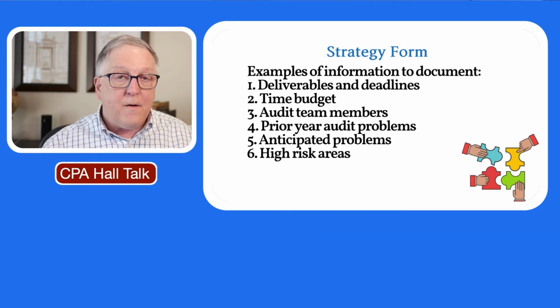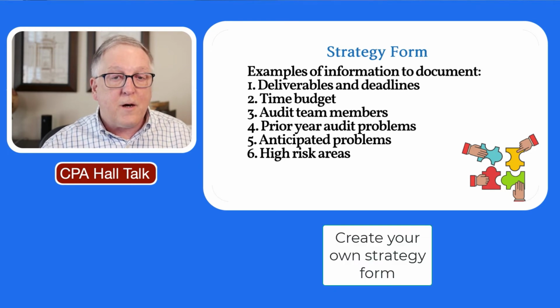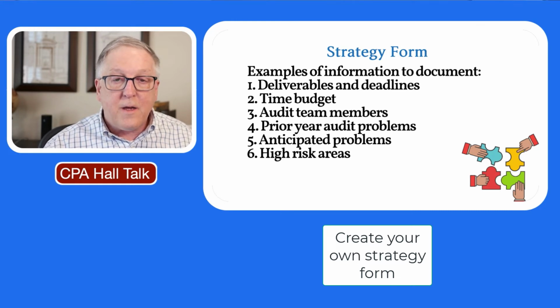So if you don't have a pre-formatted form from your forms provider, this is the type of information that you could create, say, in a Word document that would give you an audit strategy form. Some forms providers, they have audit steps in the audit program, and they say sign off on the audit steps and that suffices. I can't go there. I think you need an audit strategy form that summarizes the overall ideas in the engagement.